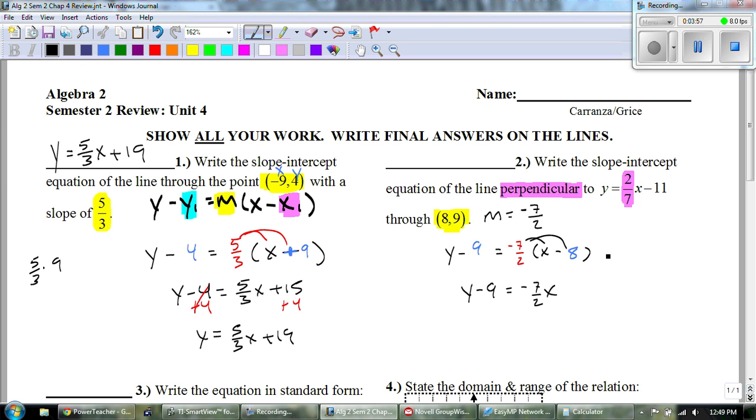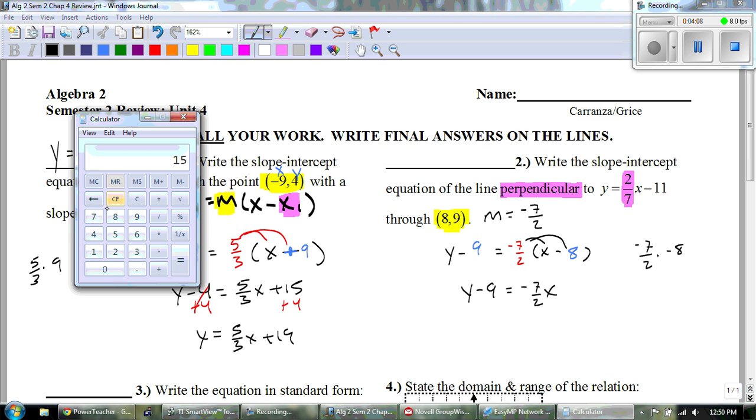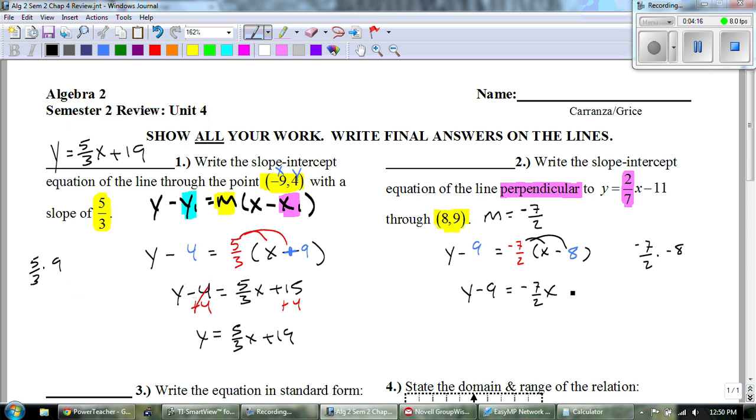And now I need to do -7/2 times -8. Okay? So I know a negative times a negative is a positive, so 7 times 8, and then I'm going to take that number and divide it by 2 to get 28. And it's a +28.